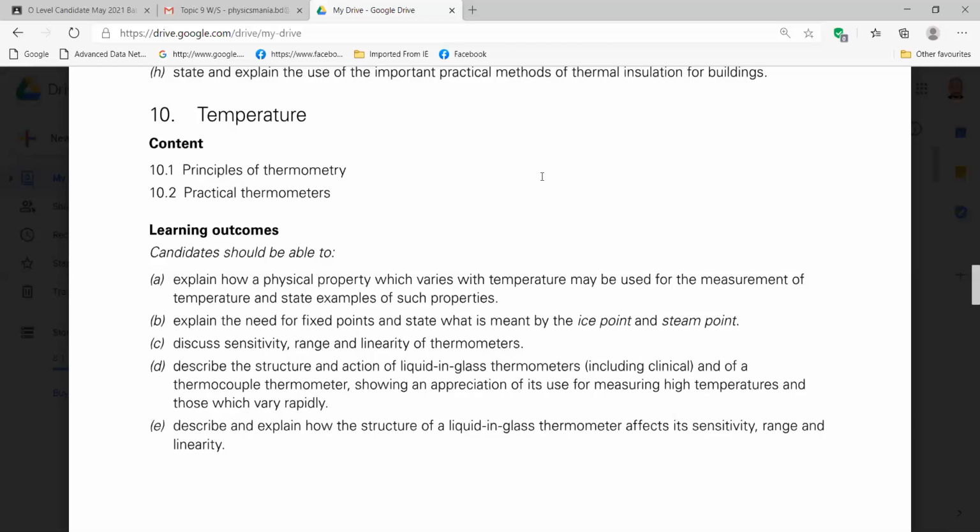Okay, so it's clear to you, right? Then liquid in glass thermometer, do you need to write or you can remember that one, what I discussed? I think I can. You can remember.